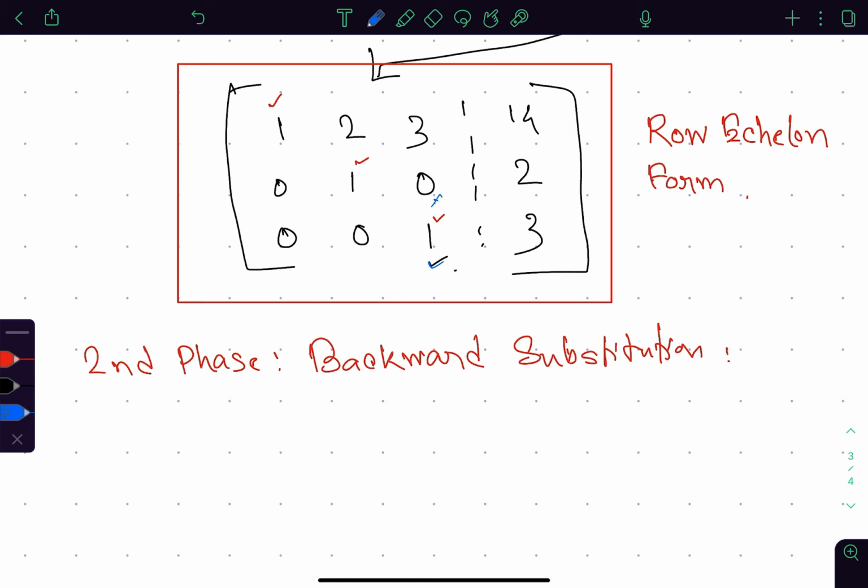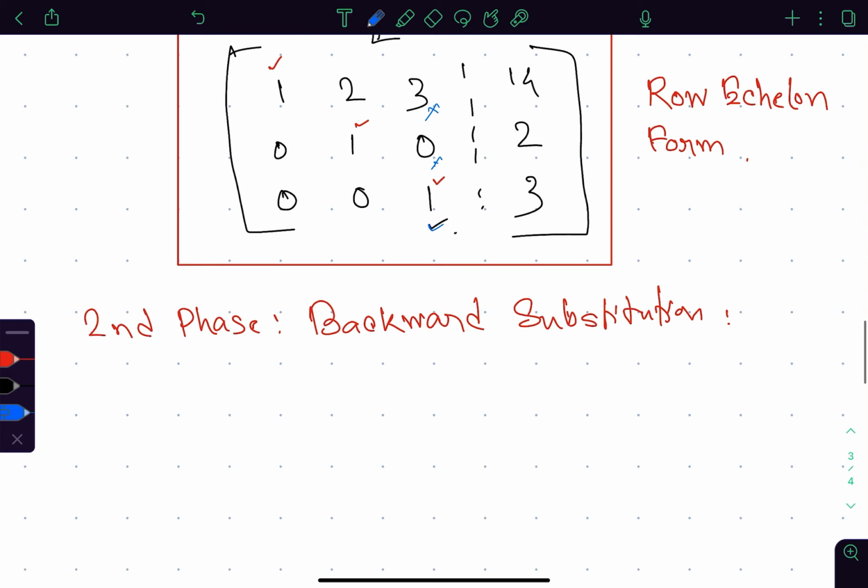But in the first row we have 3, so we need to eliminate this 3. To eliminate it, we can just multiply the third row by 3 and subtract it from the first row.